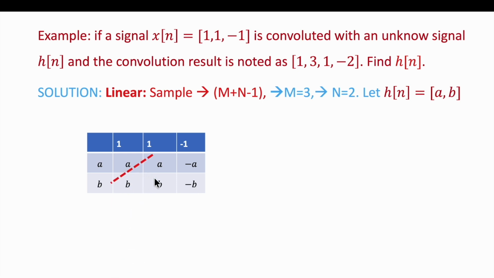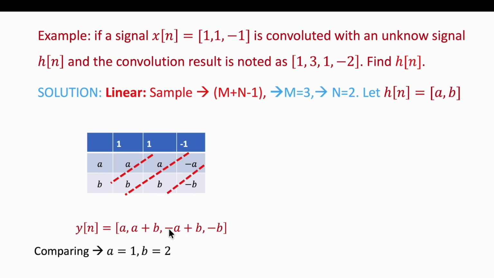Then draw diagonal lines here, and then you can see the value of y of n. So y of n, the first sample is a, then the second sample is a plus b, then the third sample is minus a plus b, and the fourth sample is minus b.